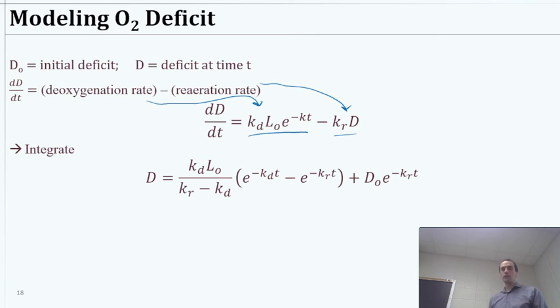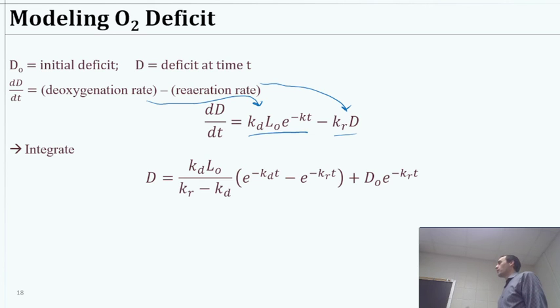Okay, so that gives us a deficit at some time t, given the parameters that go into these two rates, right? It'll be the Kr, Kd, that'll be the time, and it'll be the ultimate BOD in the solution.